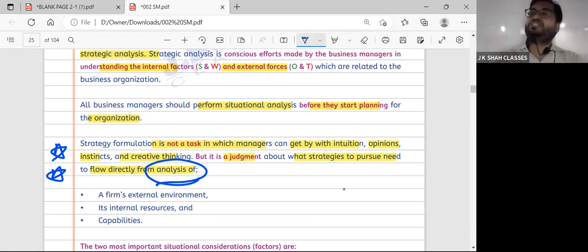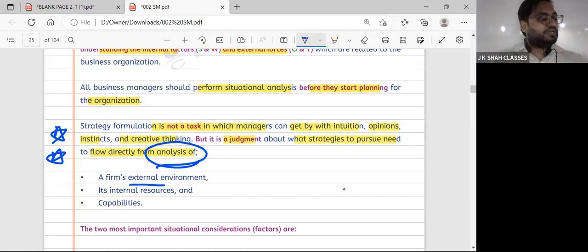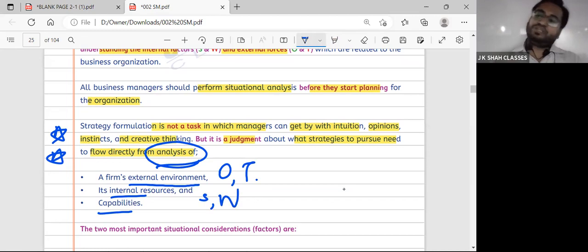Whatever strategy you make, it should be based on analysis. Analysis of what? External environment and internal resources, and external environment will result into opportunities and threats. Internal resources and capabilities will result into strength and weakness.